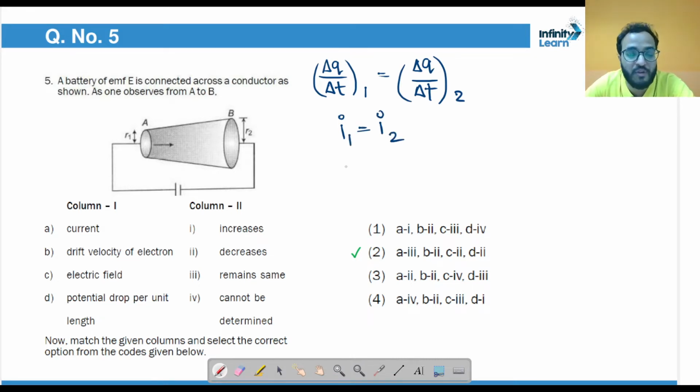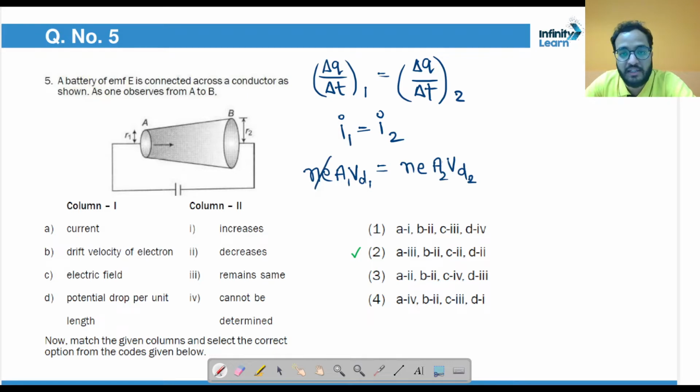Current remains the same because charge does not accumulate in any portion of the wire. So the charge conservation principle will be valid here. So we will say N E A1 Vd1 equals N E A2 Vd2.